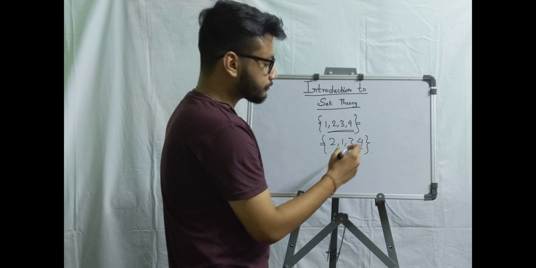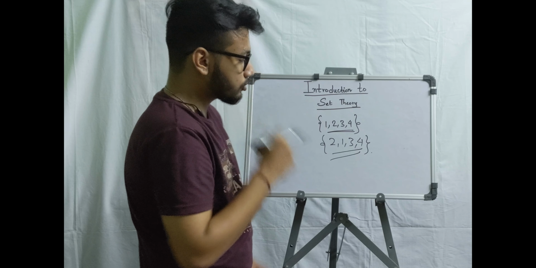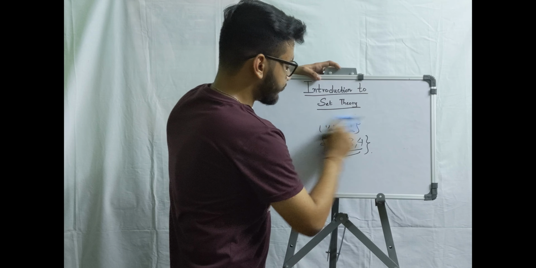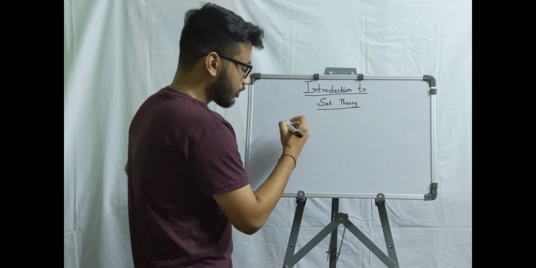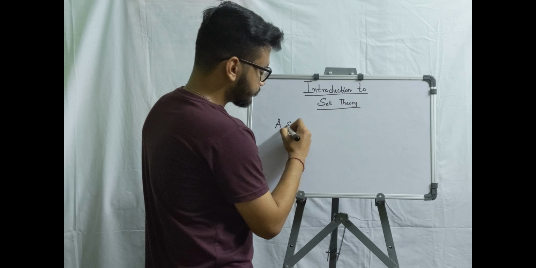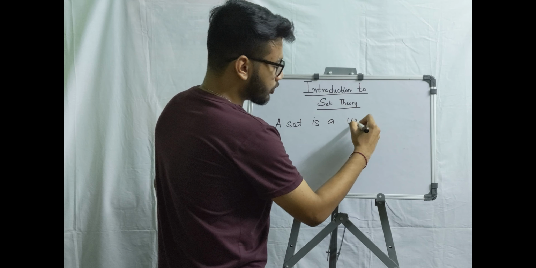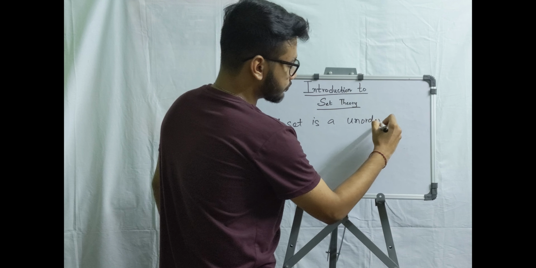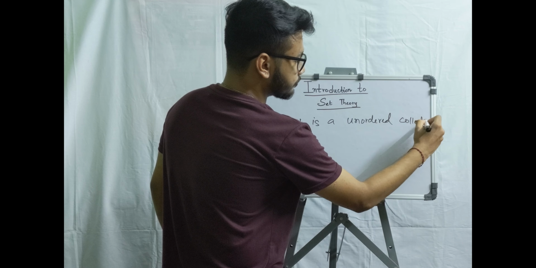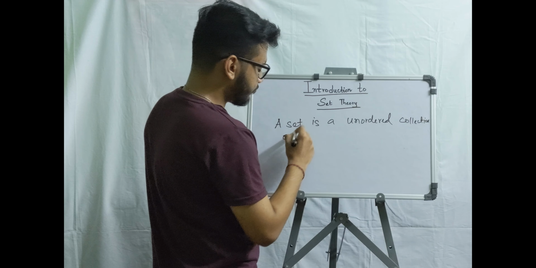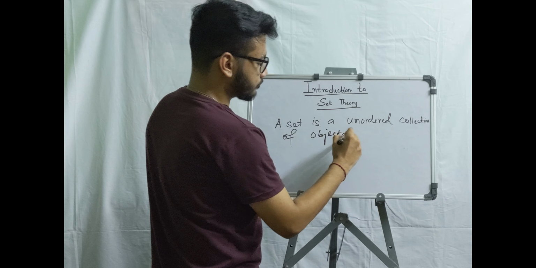And this one is not ordered, although this is also a set. So just remember the definition. What is a set? A set is an unordered collection of objects.